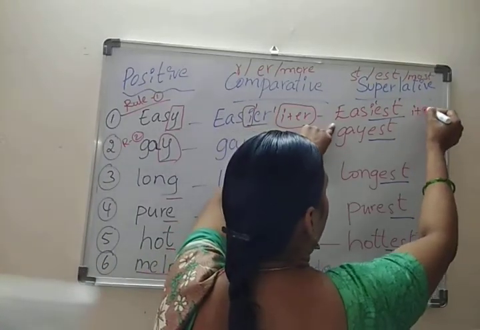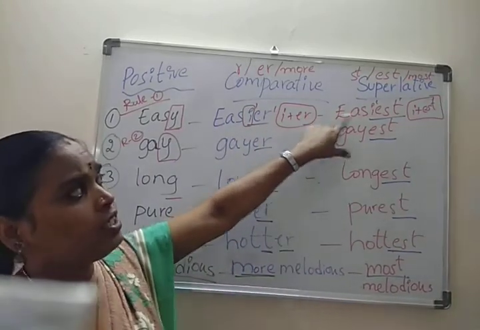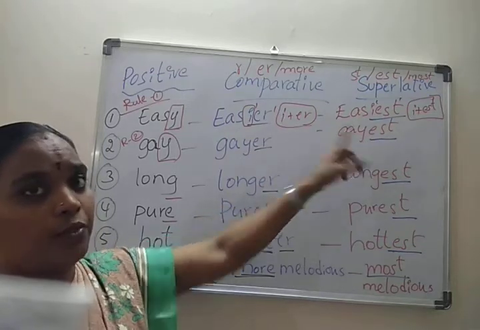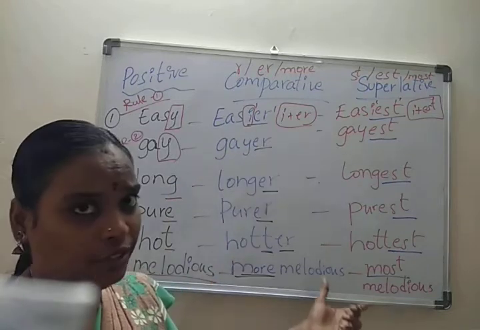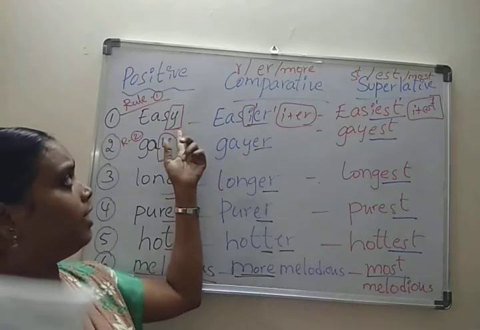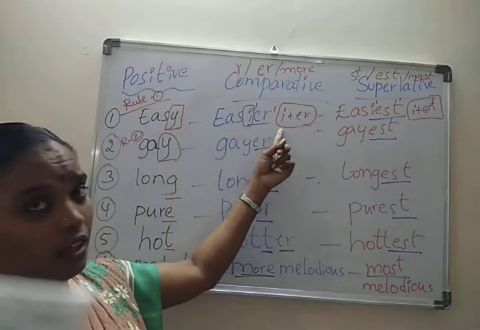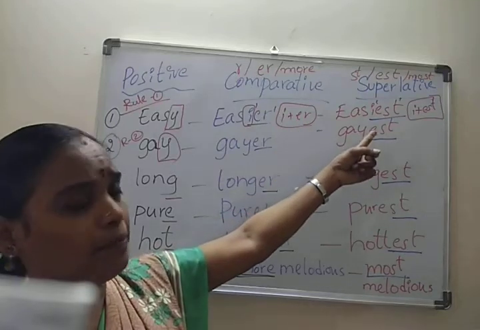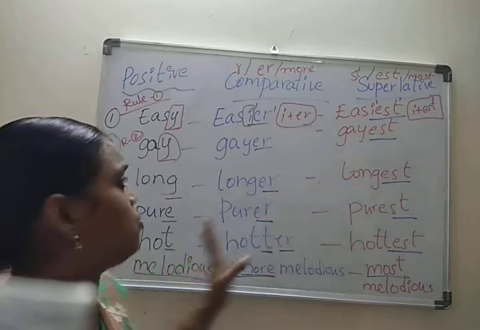Next, easiest. Y changed into I and EST. That is the superlative form. When the positive form changes into comparative and superlative, a word ending with consonant sound Y becomes I, plus ER in comparative, I plus EST in superlative.